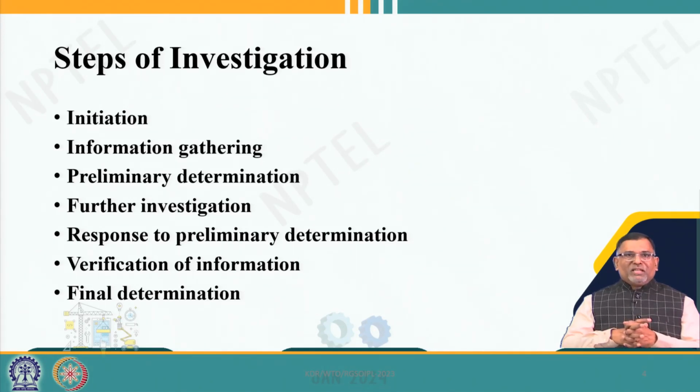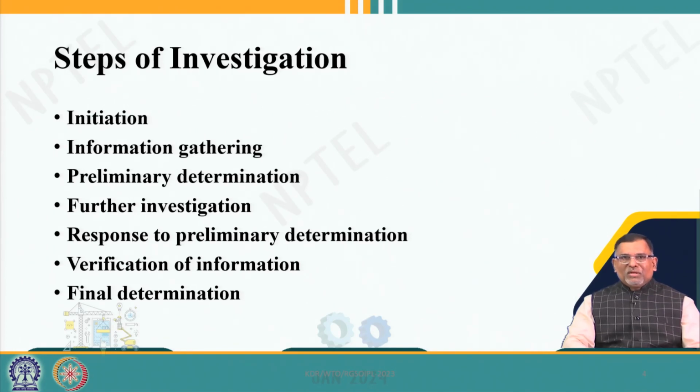Then the investigating authorities will do a preliminary information gathering or preliminary investigation, and also they will make a preliminary determination. After the preliminary determination, they may proceed with a formal anti-dumping investigation.